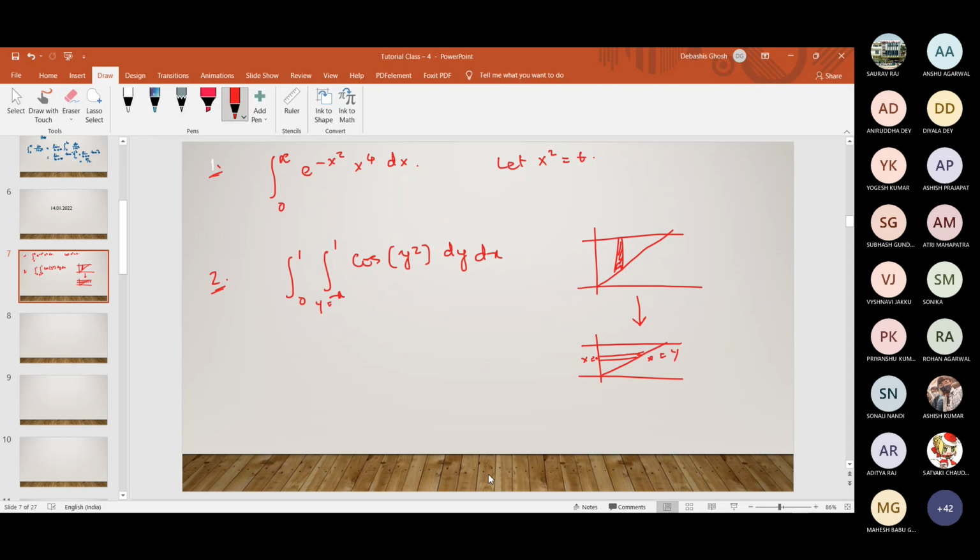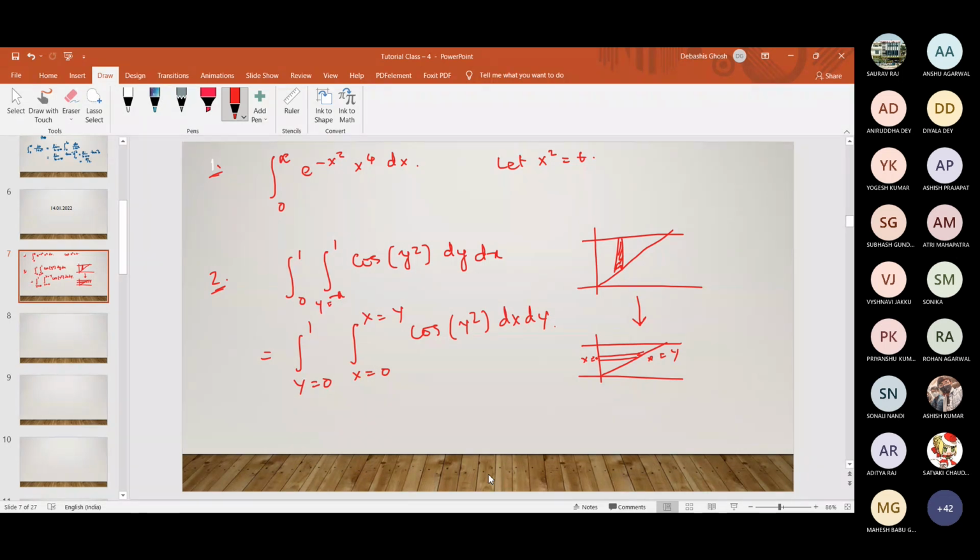Therefore this integration can also be written as y equals to 0 to 1, integration x equals to 0 to x equals to y, then cos of y square dx dy. Then I think you can integrate this. It's a simple integration and we can evaluate it without any formulas.